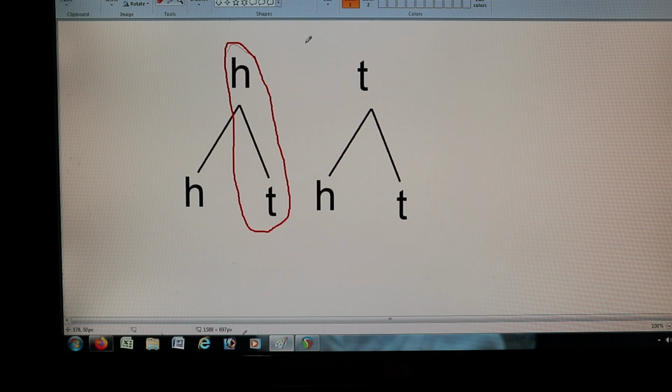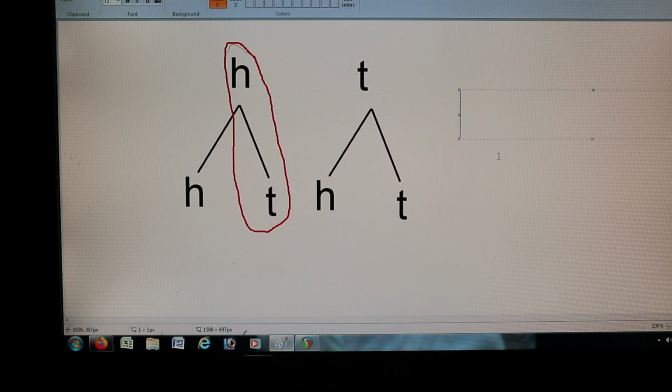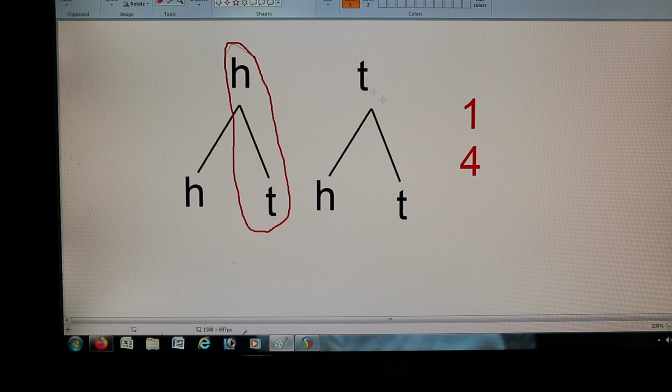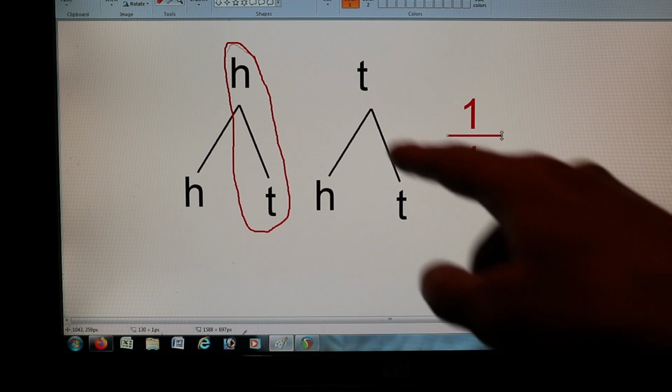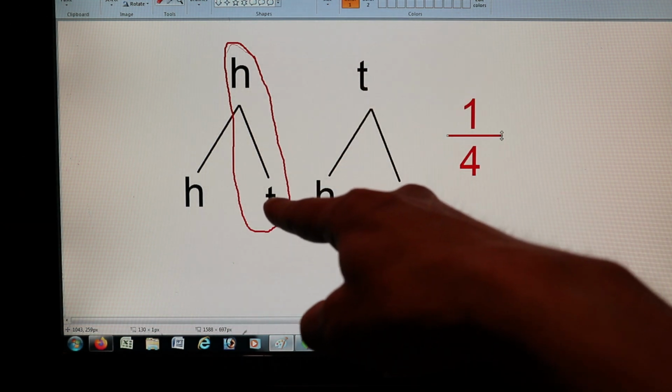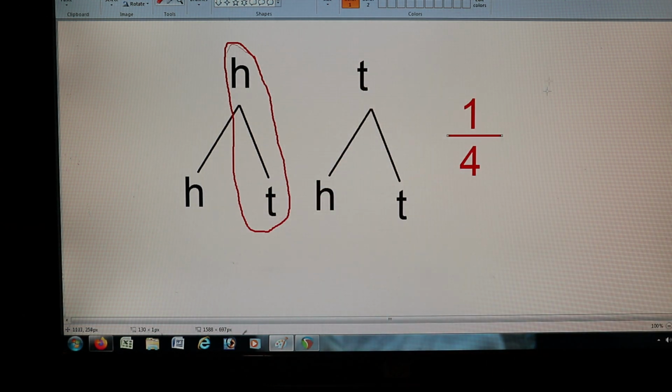Well, that's the one branch of the tree that you would follow for this outcome. And since there are 4 possible outcomes, and this is the one we want, our fraction for flipping heads then tails would be 1/4. That's because you have to follow that one path, heads then tails. So that's a 1/4 chance of flipping heads then tails.